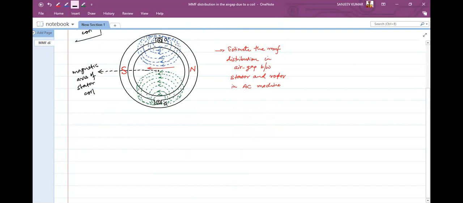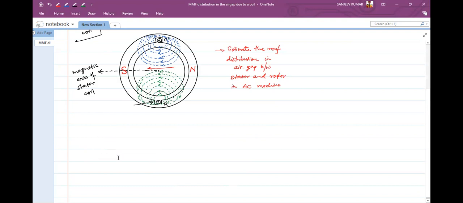Now, suppose we are at this position. Suppose we are at the position A. Okay. Now let's draw the position A first. This is a dot and this is your A. Sorry.